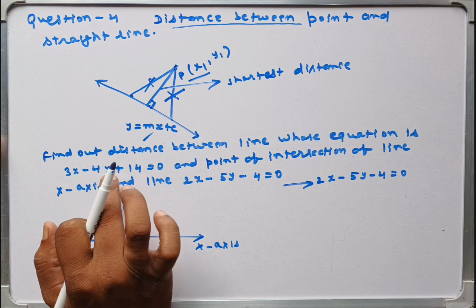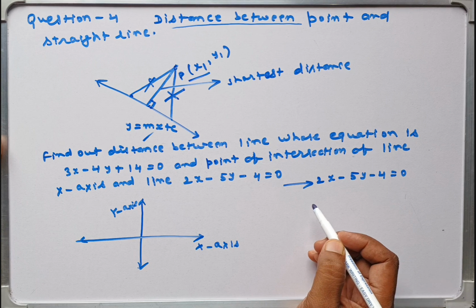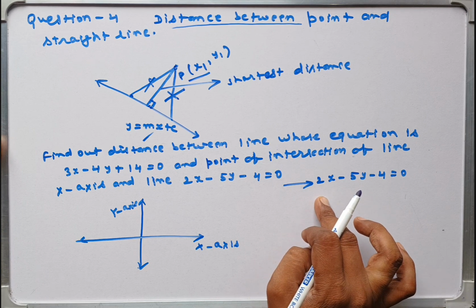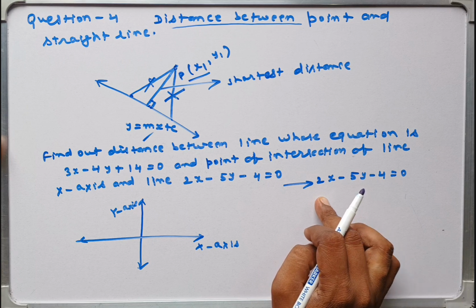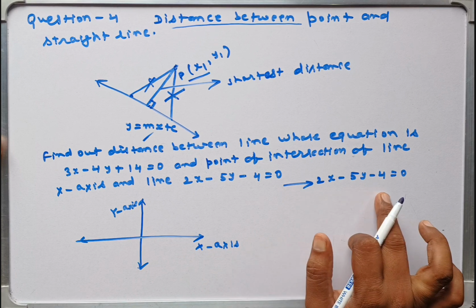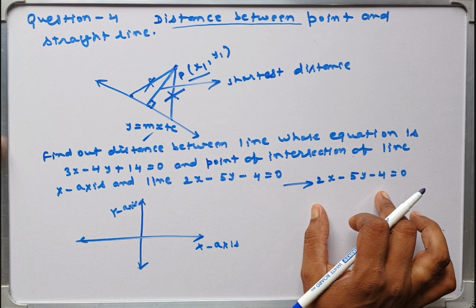and this line. Okay, so first of all you calculate where this line cuts the x-axis. When the line cuts the x-axis, then the y coordinate of the point will be 0.